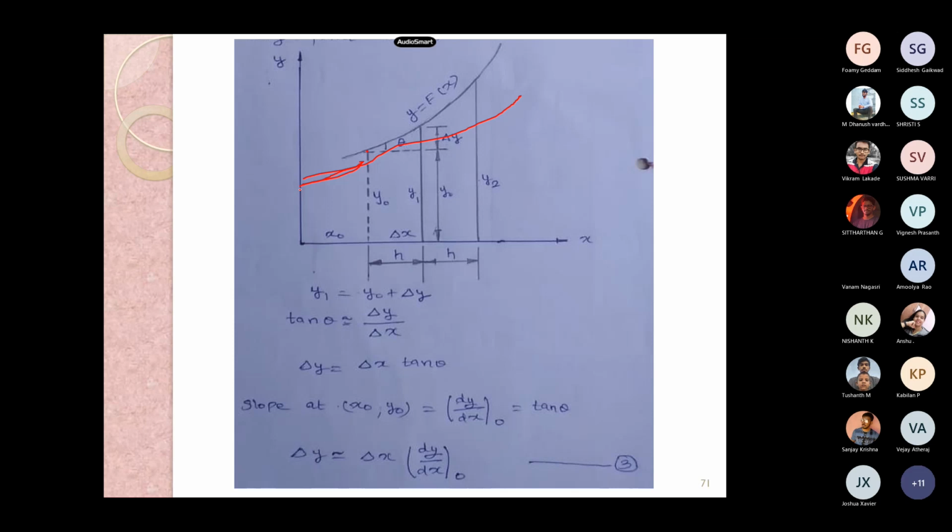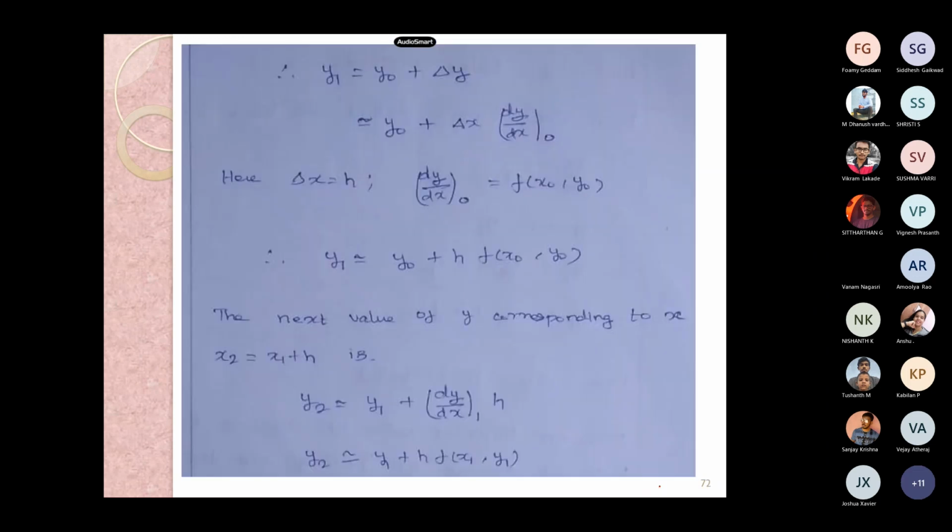This tangent can be obtained from tan theta, that is dy by dx at the point of consideration x naught. So I am applying this dy by dx instead of tan theta here. Let this be equation number 3.